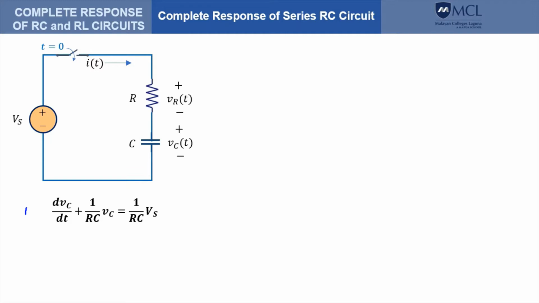We can rearrange the variables such that it would look like that. Take note that our variables are v sub c and the time t. I have rearranged this in this manner so that we can solve the differential equation using separation of variables.